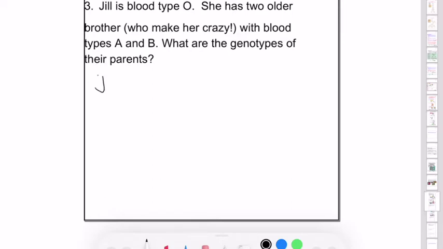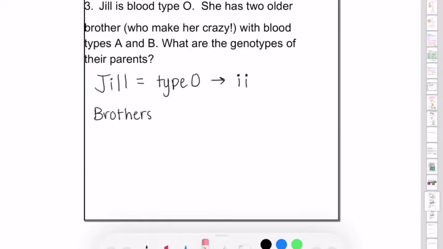So Jill, I'm just going to write down her blood type. If she's blood type O, then her genotype would have to be little i, little i. And then her brothers are, oh, they're different types.